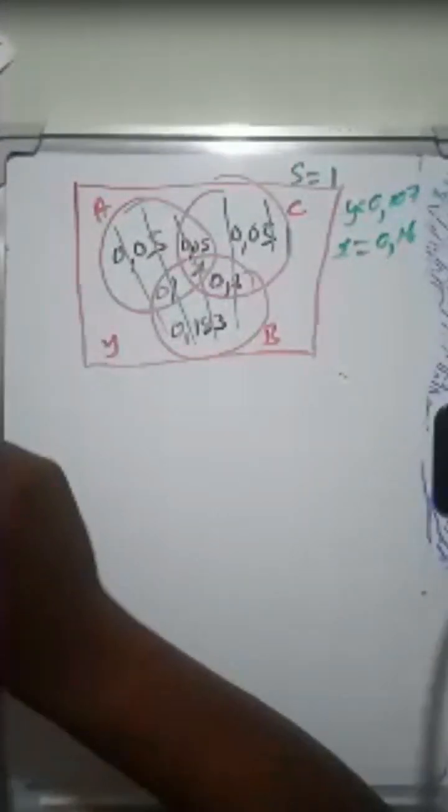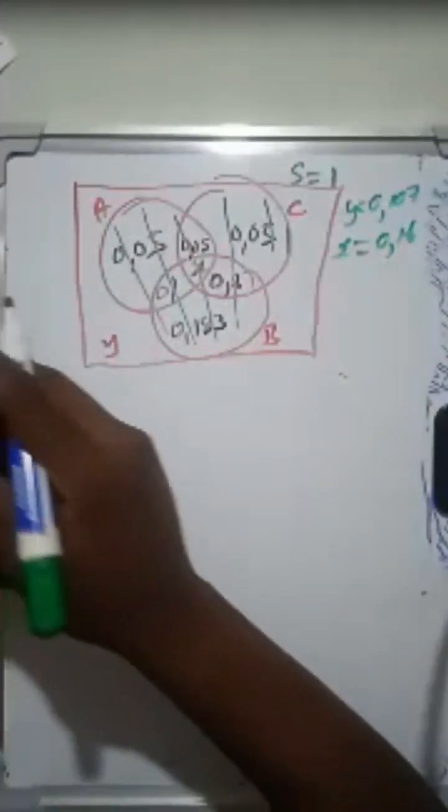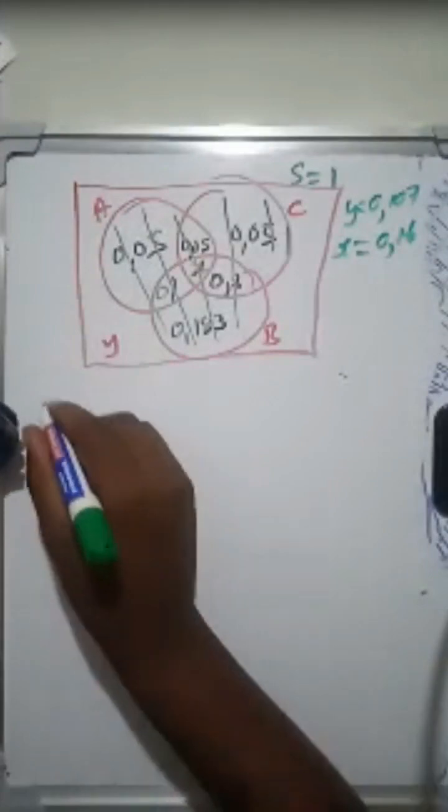Remember that these are probabilities. These are not numbers. These are now probabilities. And the total probability, the symbol is 1. Determine the probability that at least 2 of these events will take place. At least 2, that is 10.1.2, right?